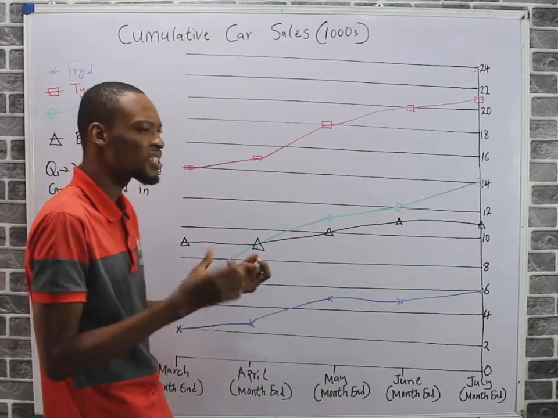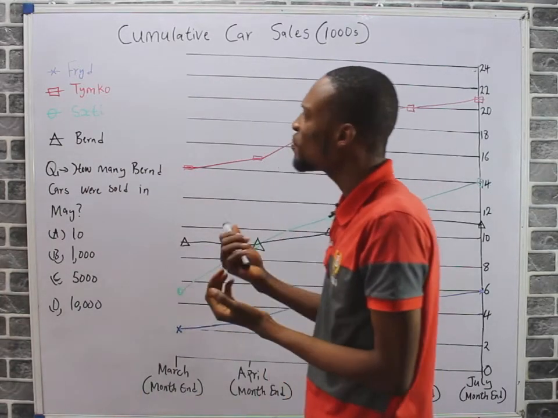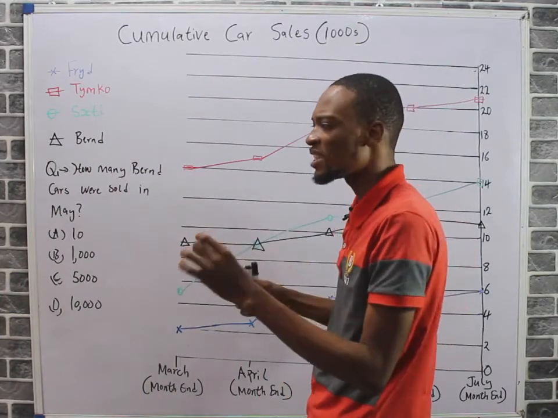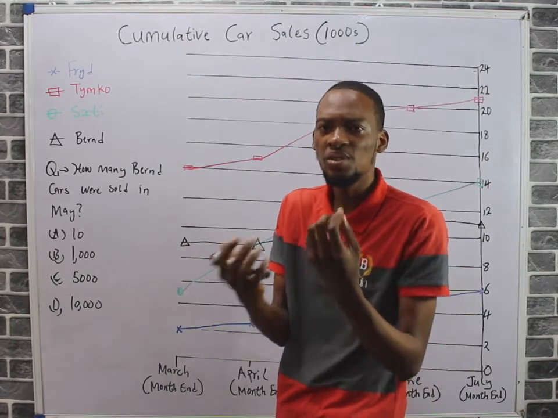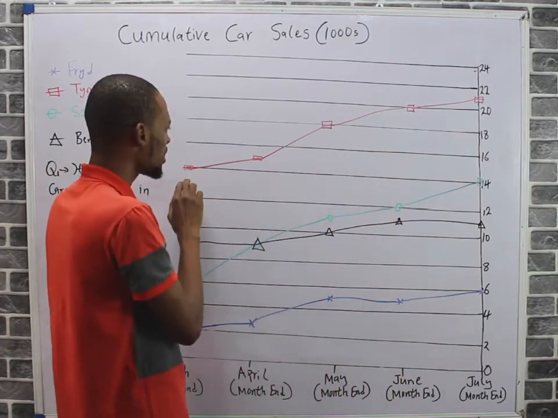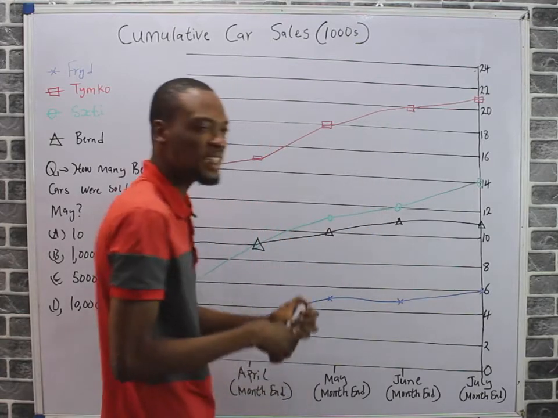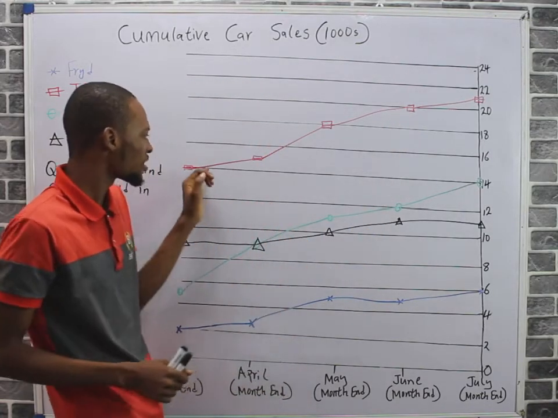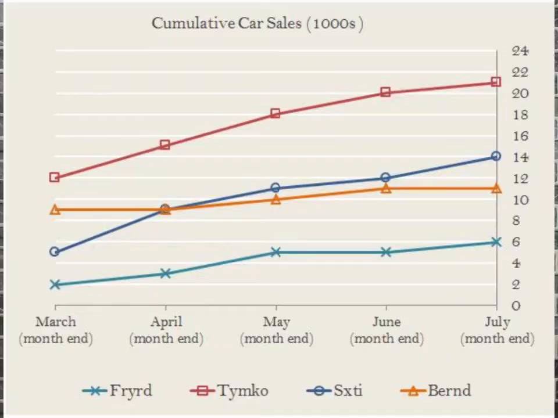Look at something else you should know about: the symbols used in this passage, or the scale used, or the notations used. If you look at this, it is in red. So they are trying to tell us that the values for this red represent Tymko cars.